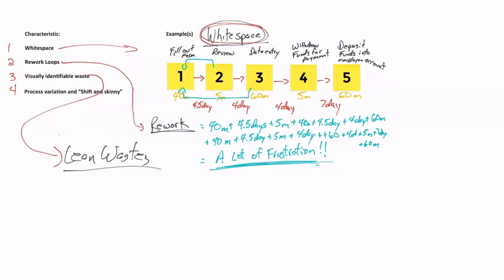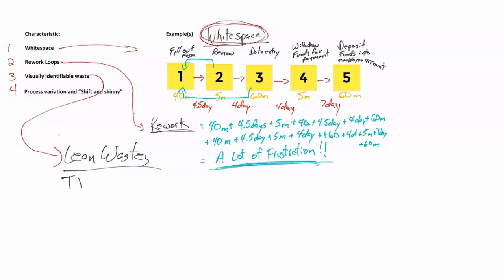The third big characteristic is the visually identifiable waste that you see inside each activity step. Whenever you're dealing with visual work, there's often inefficiencies that take place, and there are 8 types that we'll be exploring in our discussion on lean waste identification. I use the mnemonic Tim Woods to remember them.